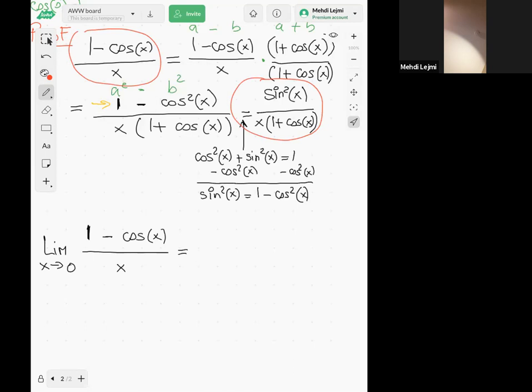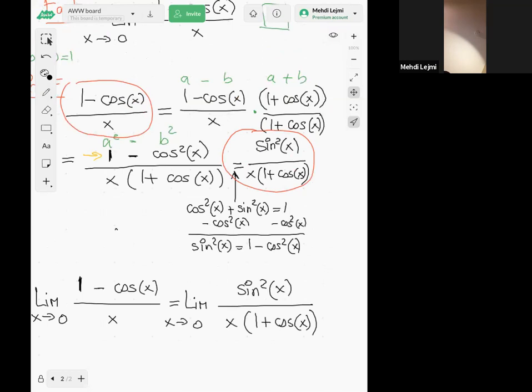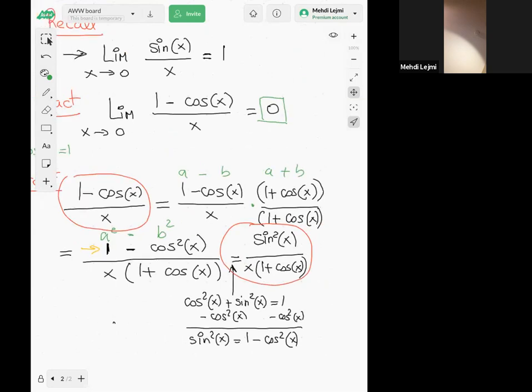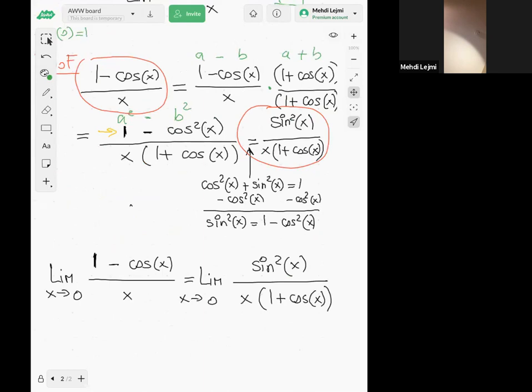So this limit is the same as the limit, x going to 0, of sine squared of x over x times 1 plus cosine of x. And here you can see something we are familiar with: sine of x over x, we know the limit is 1.